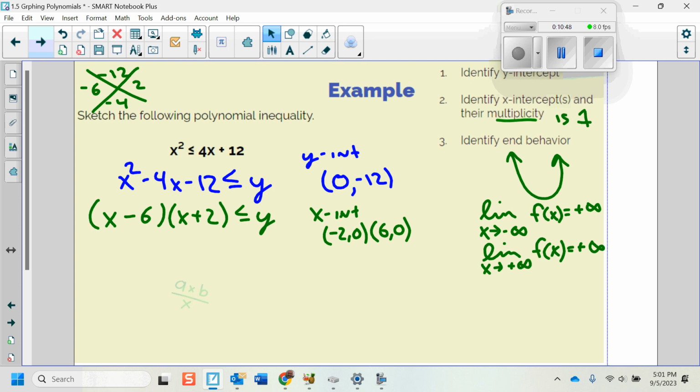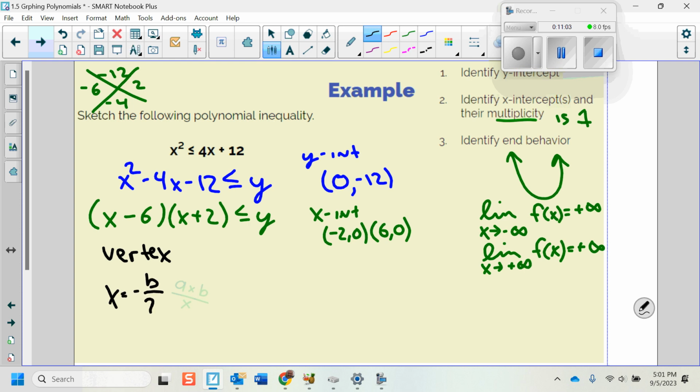And when I do that, the only other thing I thought of, this is a regular parabola. You might want to remember the vertex. They didn't ask us to find it, but the vertex is x equals negative b over 2a. Negative b is the opposite of negative 4, which is a positive 4. 2a is 2 times 1.